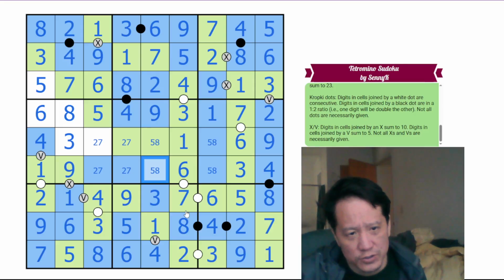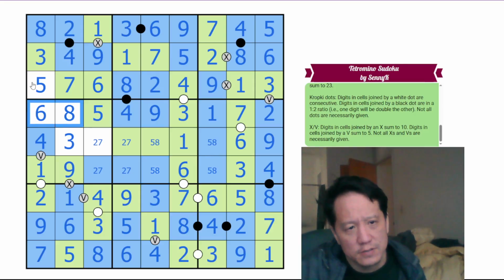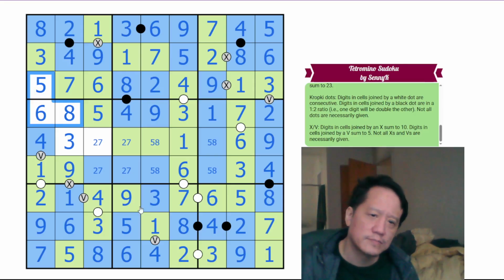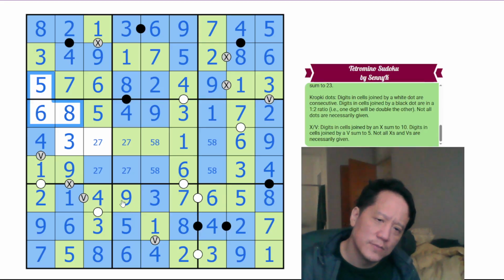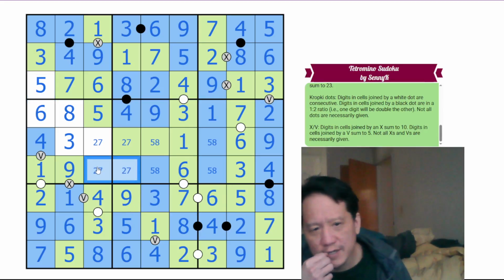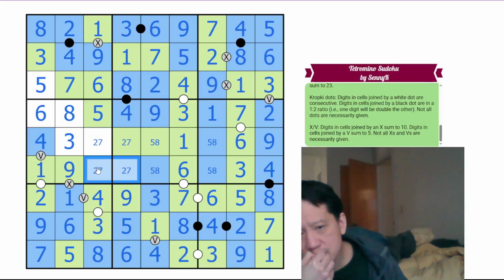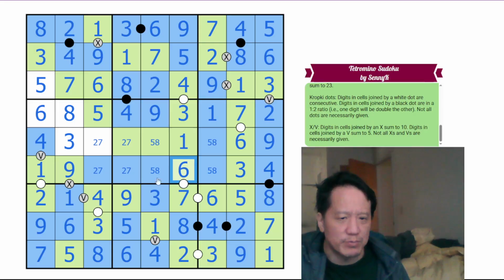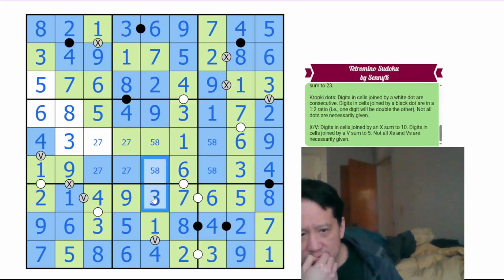Everything else looks kosher. We can connect this. But this is guaranteed to be 9, right? And 9 plus 8 plus 3 is only 20.